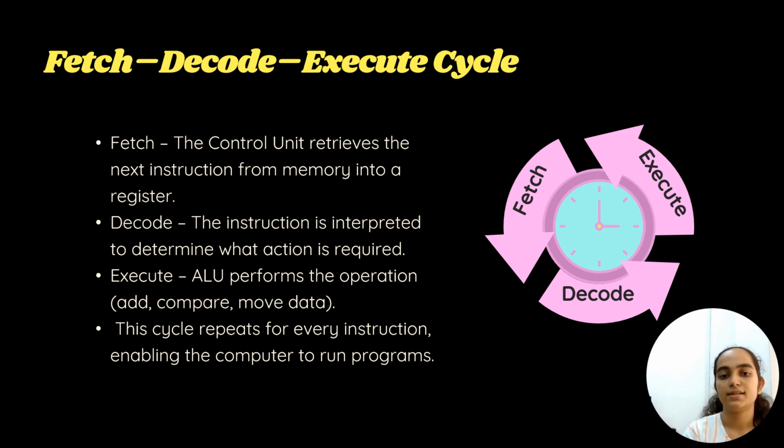Decode: the CPU analyzes the instruction to understand what needs to be done. Execute: the ALU performs the required operations such as adding numbers, comparing data, or moving information. This cycle happens millions or even billions of times every second in modern processors. Without this repetitive cycle, no program could run.